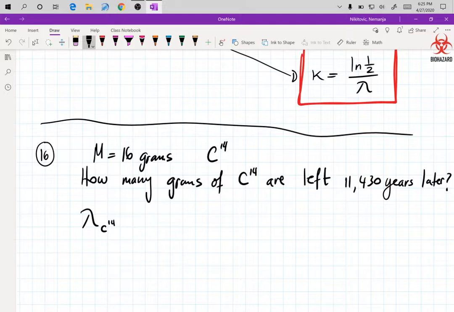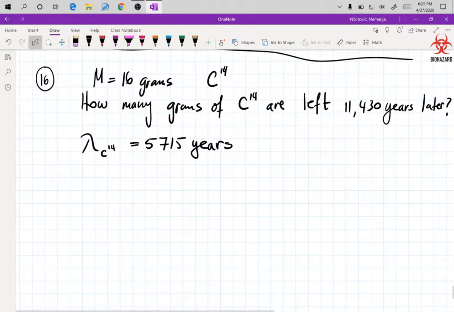There we go. 5,715 years is the half-life of carbon C14. All right, cool. Let's do the problem.